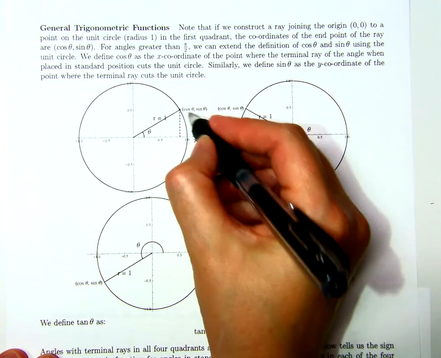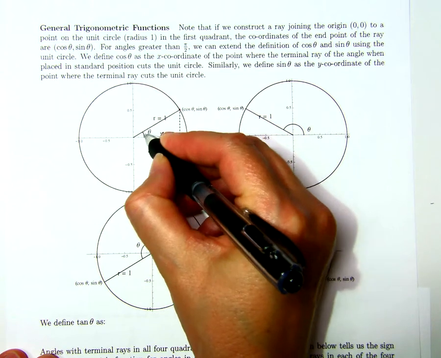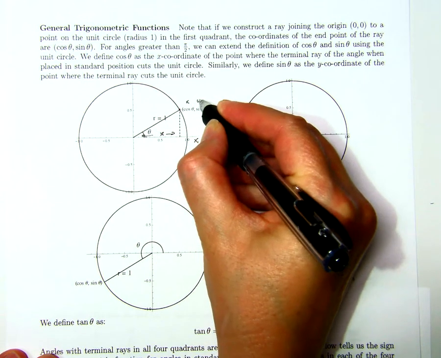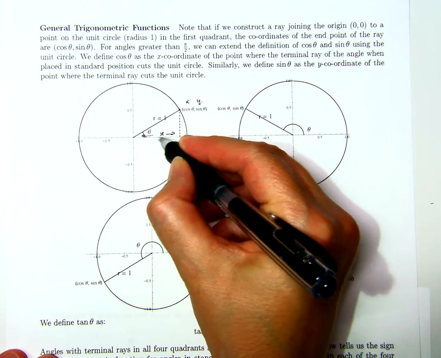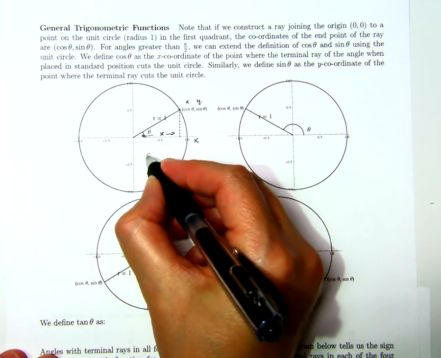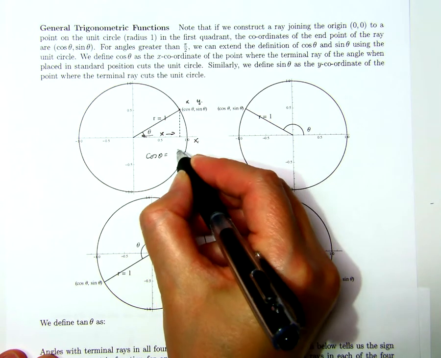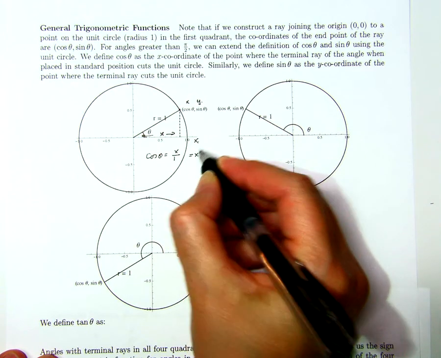So therefore, the coordinates of this point are x and y, and the x-coordinate is the length of the side adjacent to this angle. And we know that cosine of theta equals x over 1, and that's equal to x.